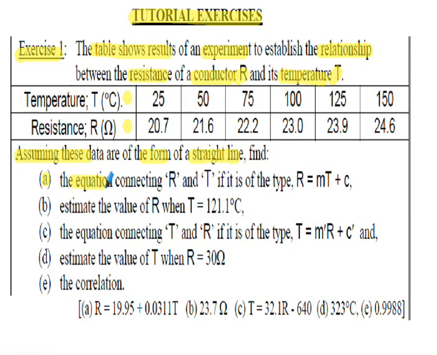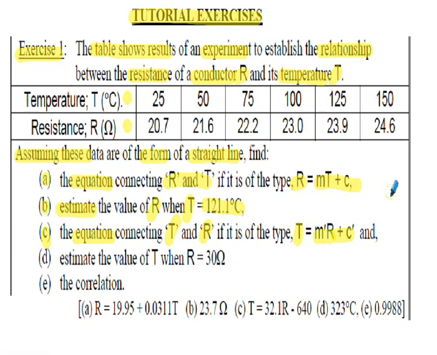Part A, we're asked to find the equation connecting R and T if the type of line is of the form R equals mT plus c. That's an R on T analysis. Part B, we're asked to use the equation in part A to estimate the value of R when T is given as 121.1 degrees C. Part C, we're asked to find the equation connecting T and R if it's of the type T is equal to m dash R plus c dash.